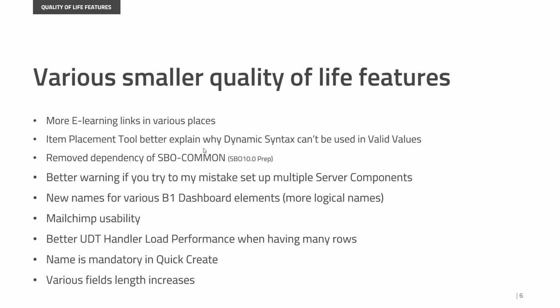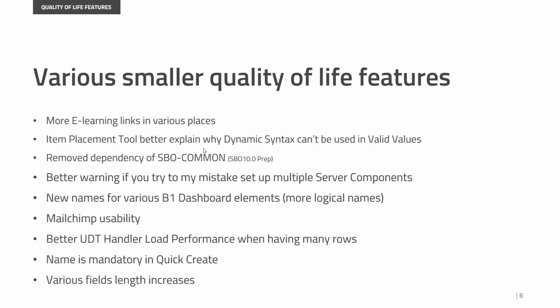We're making a small change to quick create where the name is now mandatory, because it ended up giving some odd error messages since the name is also used in the address. So why not, given that the name is mandatory in 99% of all cases.